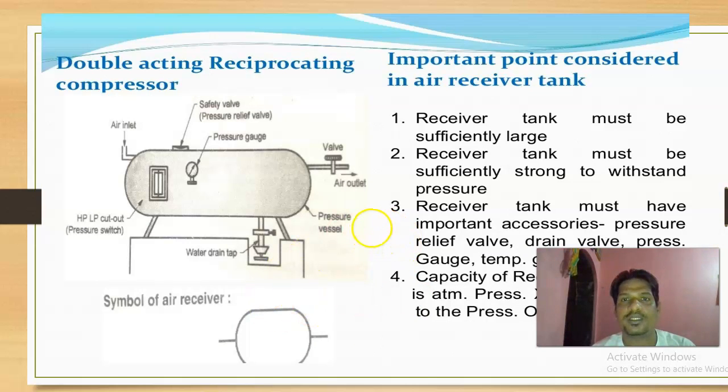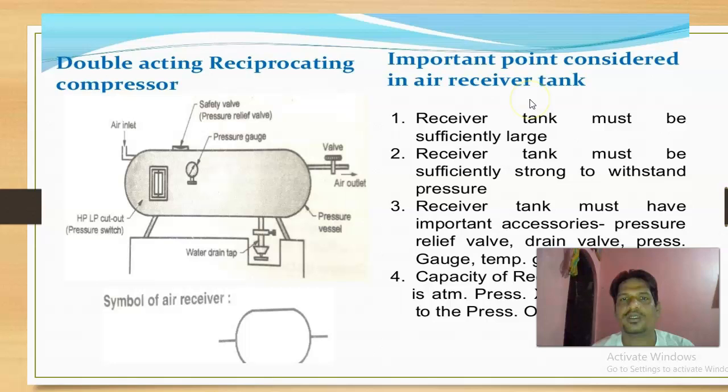Then important considerations of the air receiving tank. What are the requirements of the receiver tank? The receiver tank must be sufficiently large so that a large amount of air can be stored. Symbolically, we can see the air receiver shown like this. It consists of water drain, pressure gauge, air inlet, valve and pressure vessel.